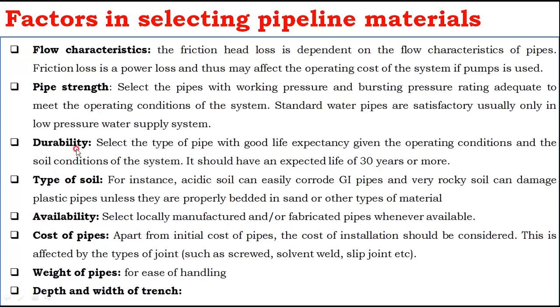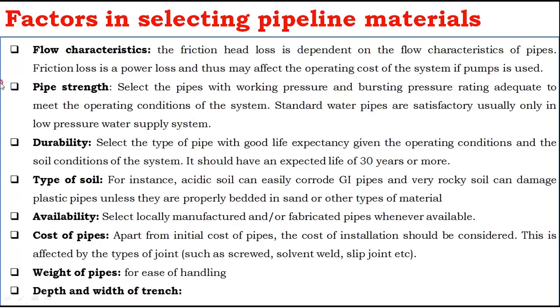Durability, then design period, you studied. For how many years are you installing your water system? If it is for 30 years, then you need to choose a material which should sustain for 30 years. Then the next one is the type of soil.